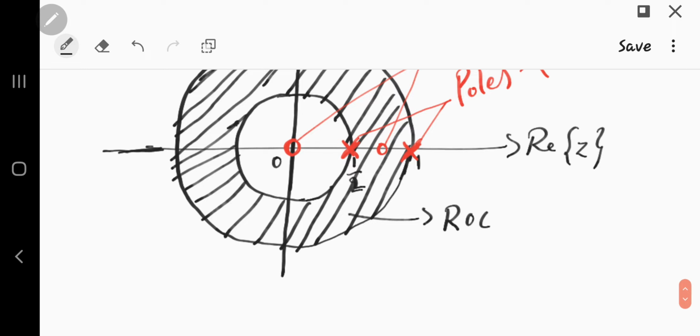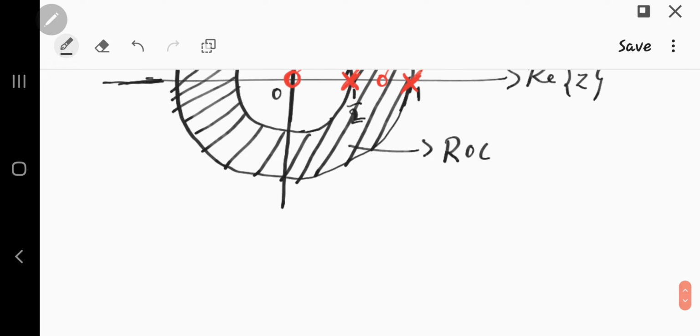I just want you to try some problems here on your own and try to locate the ROC. So this one you just try at home.